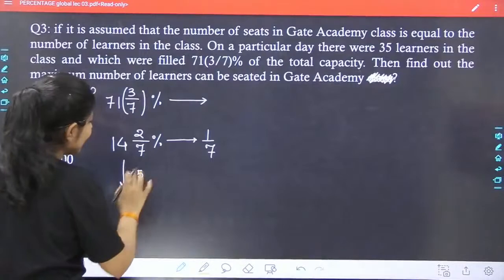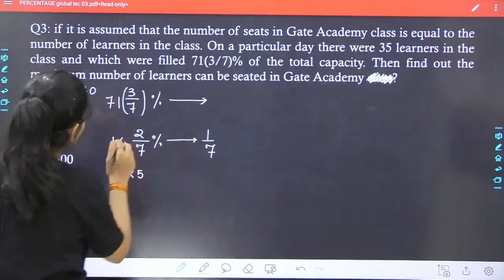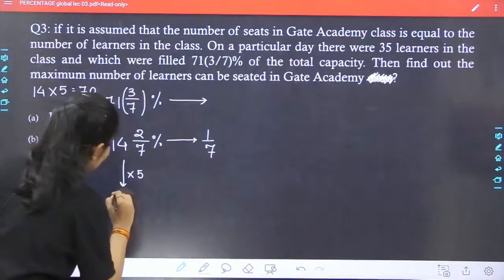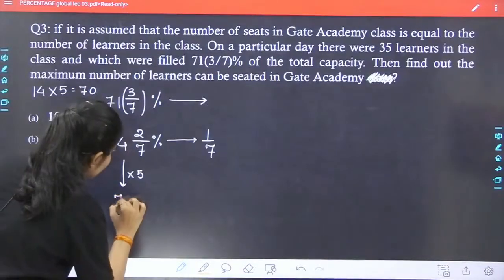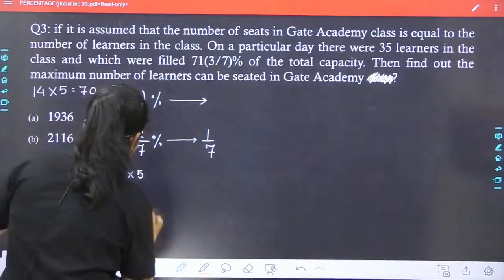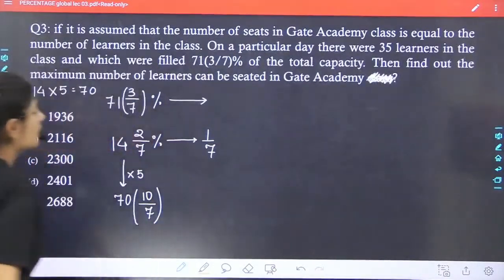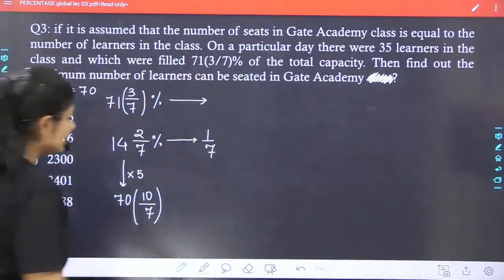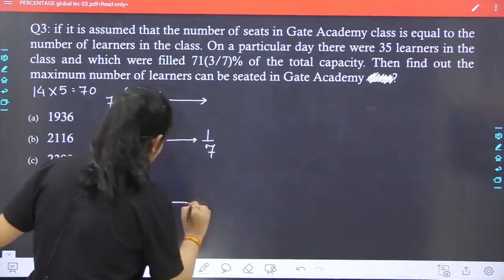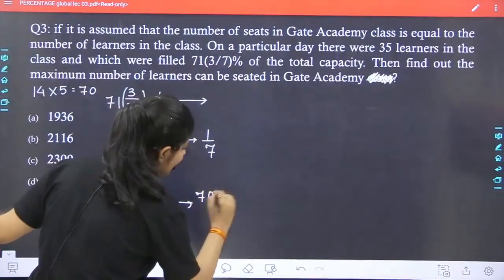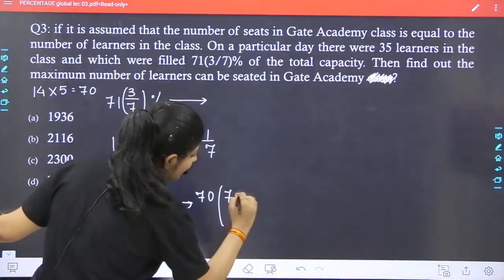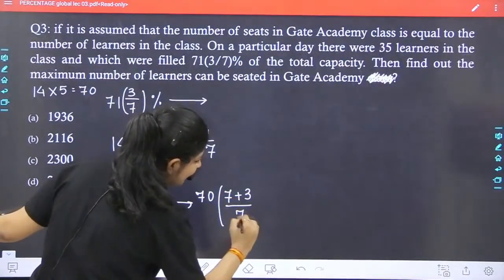So when I multiply this term by 14, I simply get 70 10 by 7 as my answer. I can write this term as 77 plus 3 by 7.